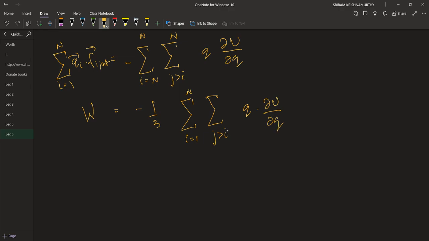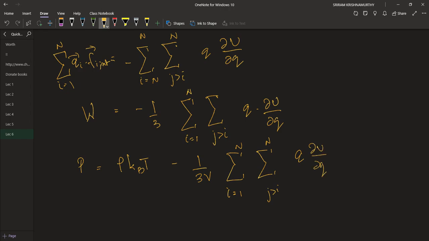And from this we have the pressure of the system. This is how we calculate the pressure.